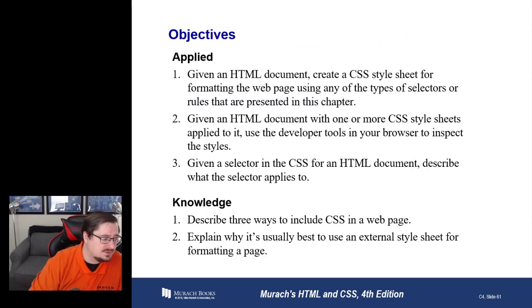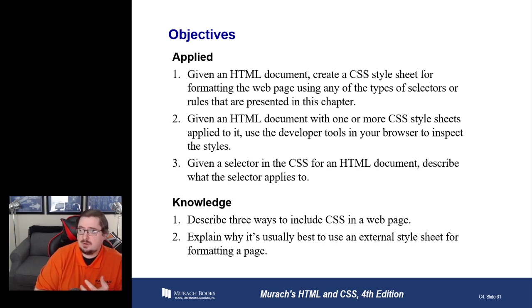Okay, so to just refresh on everything that we've covered here in chapter 4, at this point you should be able to take an HTML document and create a style sheet for formatting it, using all the selectors and rules and styles that we've talked about here.